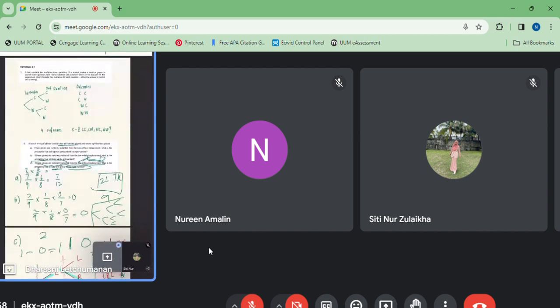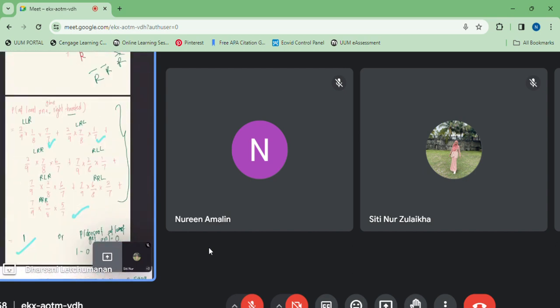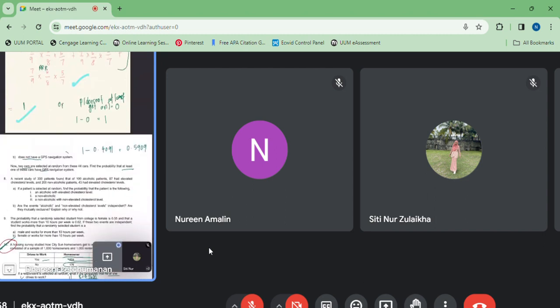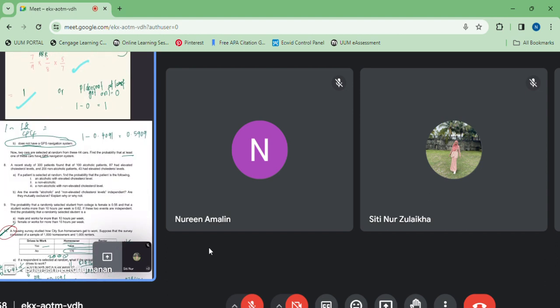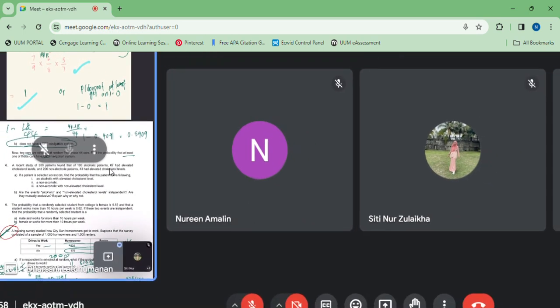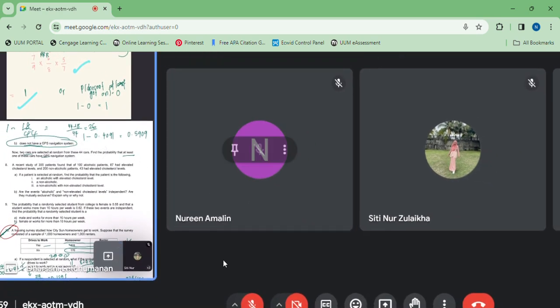So next, they say does not have GPS. So what can you do? There's two ways to do it. One is you minus the one that has GPS and then you get the answer. Or you can just do like this, 44 minus 18 over 44. You will get 26 over 44.